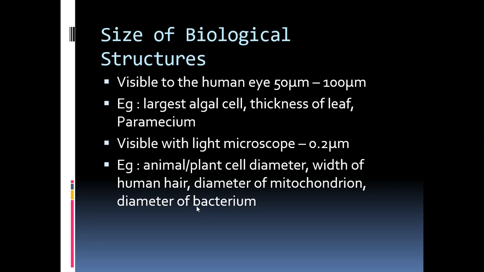And if you talk about a normal plant and animal cell, the smallest plant and animal cell can be as small as 1 micrometer or 1000 nanometers, right? So that's a general idea of how small the world of cells is.